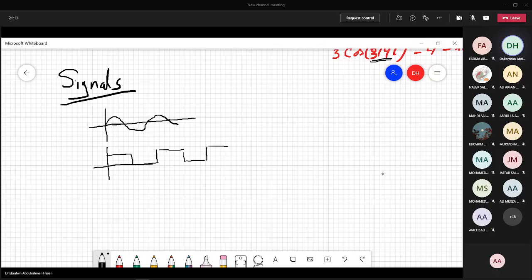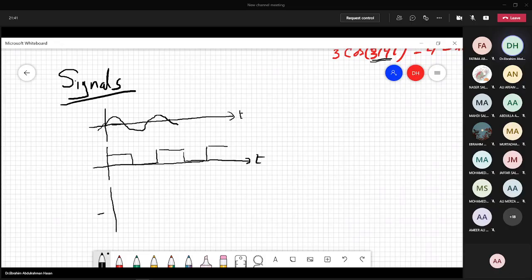The square signal can be like this, it can also be with 0. This is T, this is T. We used this in digital. It is high and low, so 1 and 0, 1 and 0. So we use this type of signal.